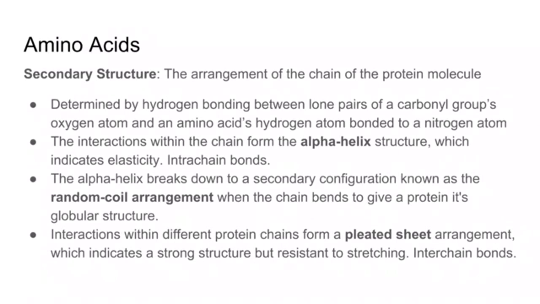When the alpha helix breaks down, it is known as the random coil arrangement. The interactions between different protein chains form a pleated sheet arrangement, which indicates a strong structure, but is resistant to stretching. The alpha helix structure has intrachain bonds, while the pleated sheet arrangement has interchain bonds.